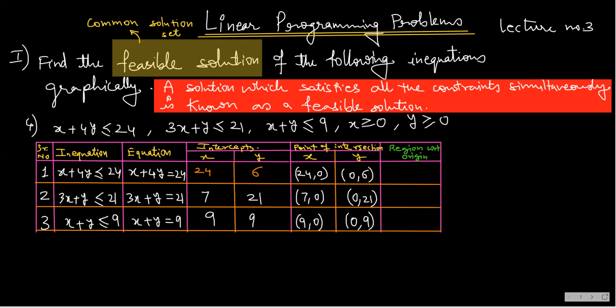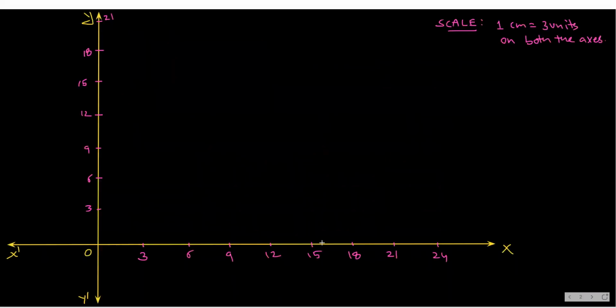For that, we'll have to go to the next page. You can copy this much. In order to plot these lines, the first thing we will do is plot these lines on the XY plane. So I draw the coordinate axes.